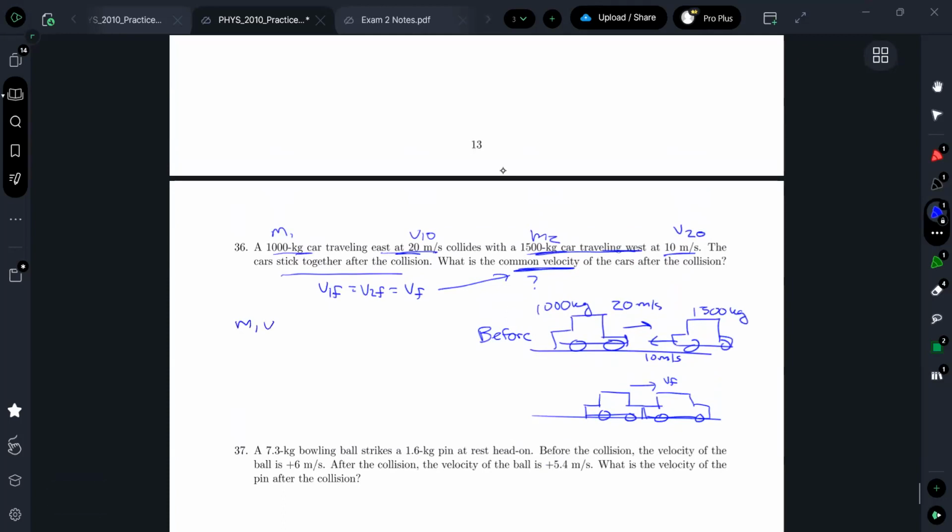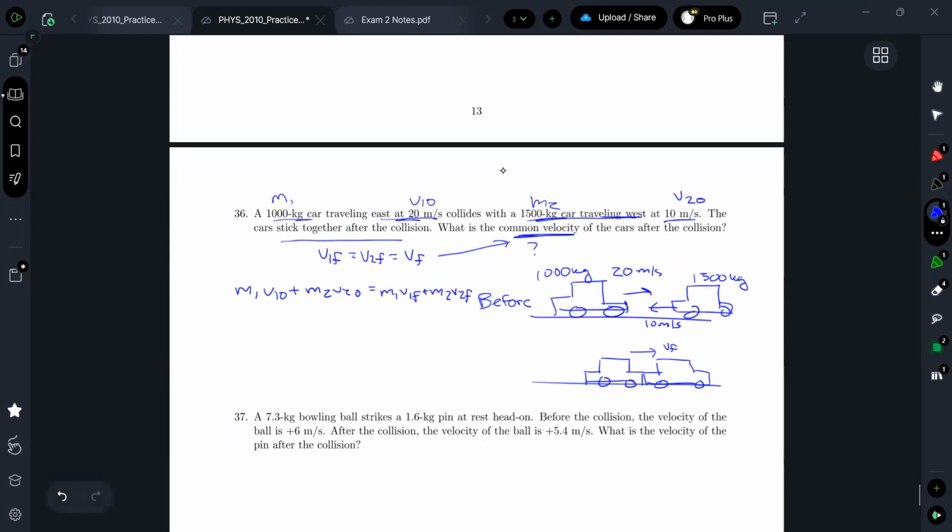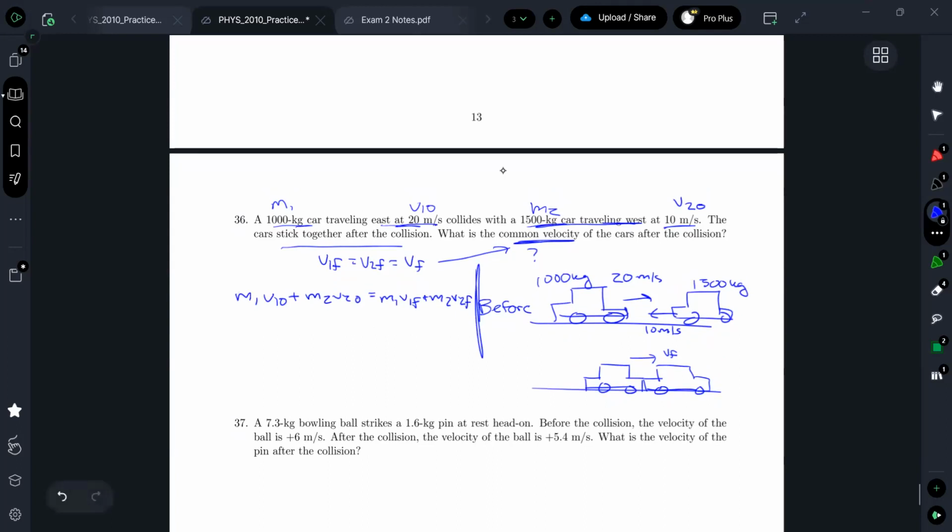So instead of conservation of momentum, right? Split that off. I use this idea that those are the same final velocities.